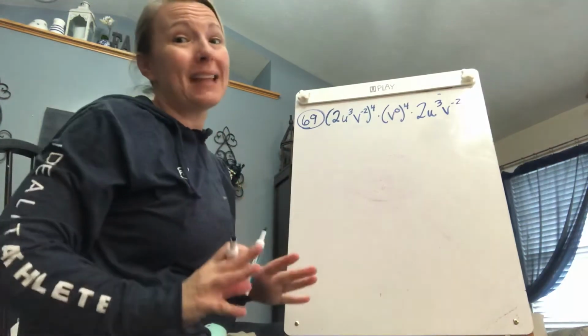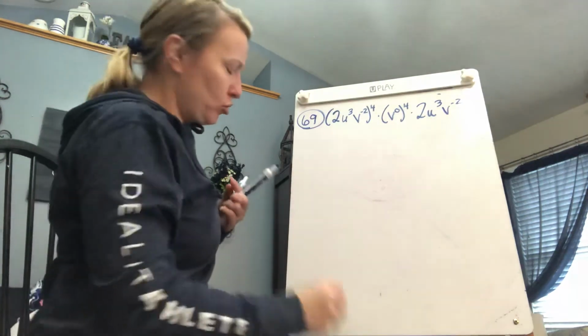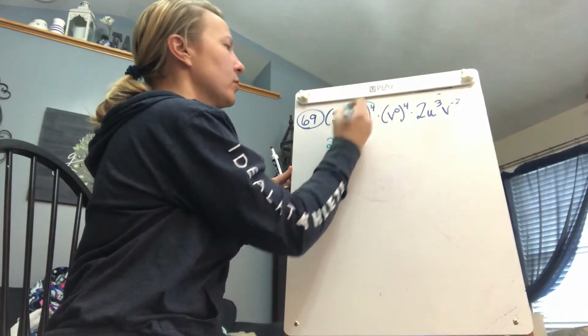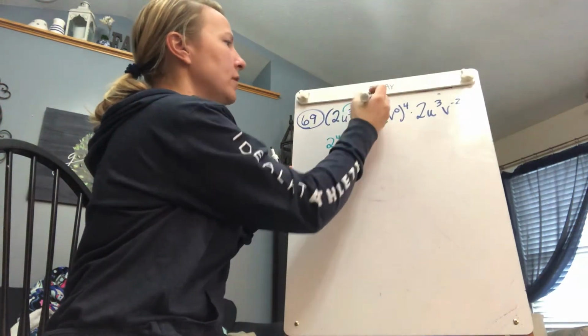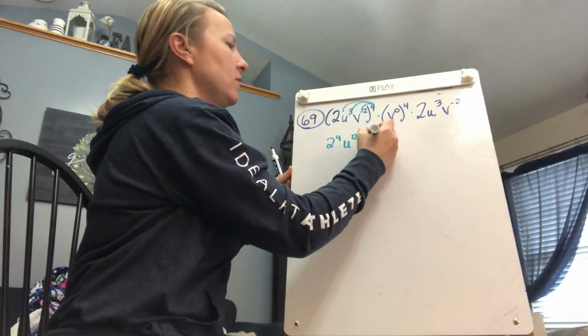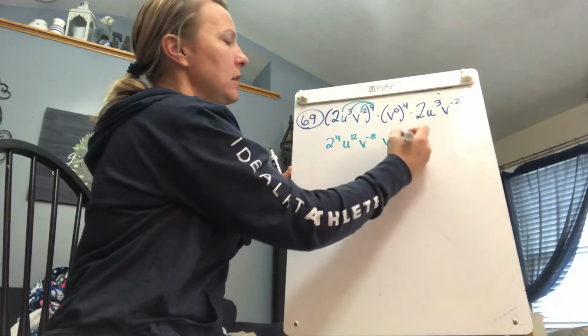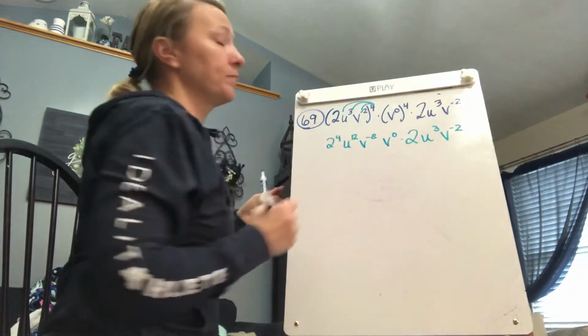If you just do step by step, it's actually decently okay. I'm going to distribute the 4, so I get 2 to the 4th, u to the 4 times 3 is 12, and v to the negative 8. If I do this one, 0 times 4 is 0, and then I have 2u to the 3rd, v to the negative 2.